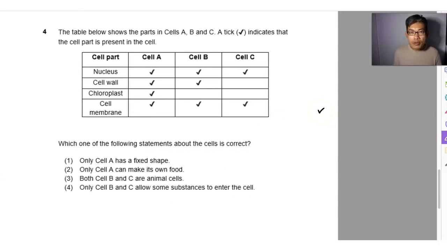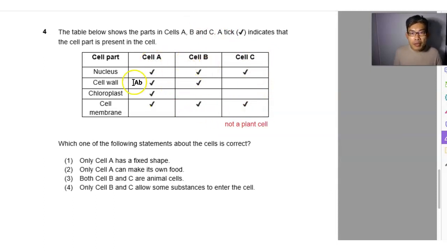Let's go on to this question. The table shows the parts in cells A, B, and C. A tick indicates that the cell part is present in the cell. So all the cells here have a nucleus, but cell C does not have the cell wall and chloroplast. This suggests to me that cell C is not a plant cell.